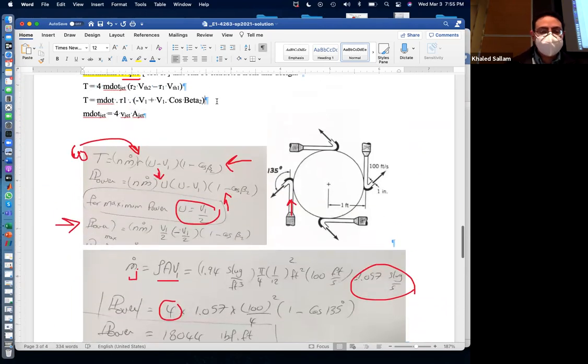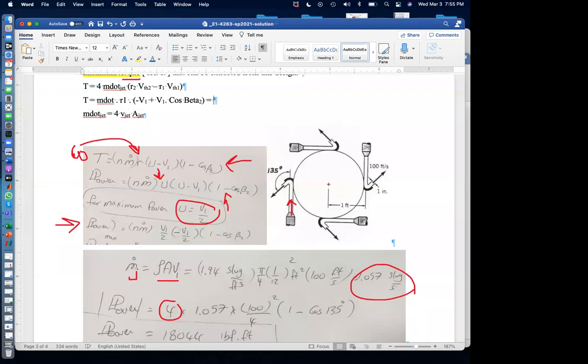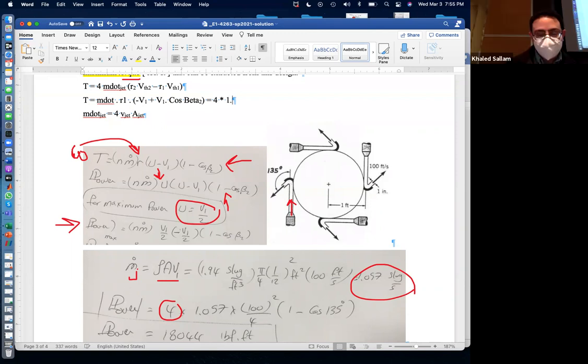How much is it? This would be 722 foot-pounds, yes. 4 times 1.057 times the 100, times 1 minus cosine 135.